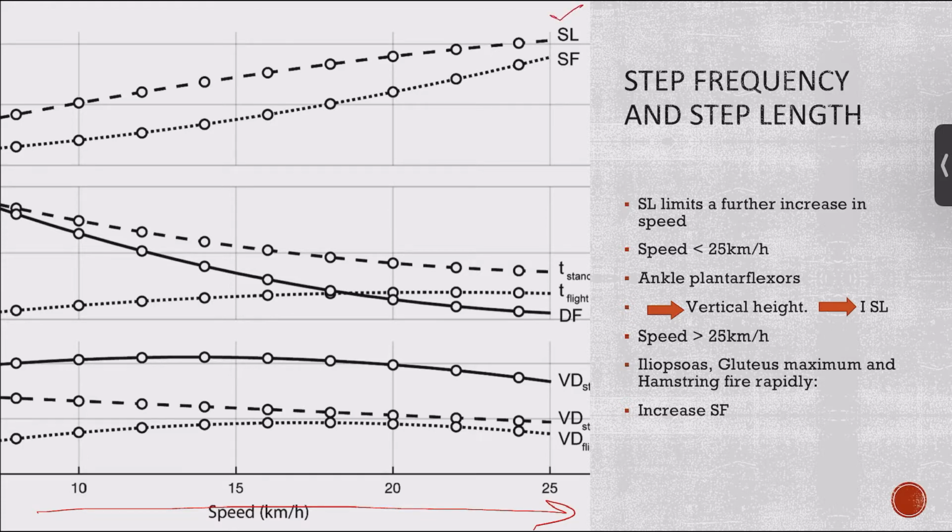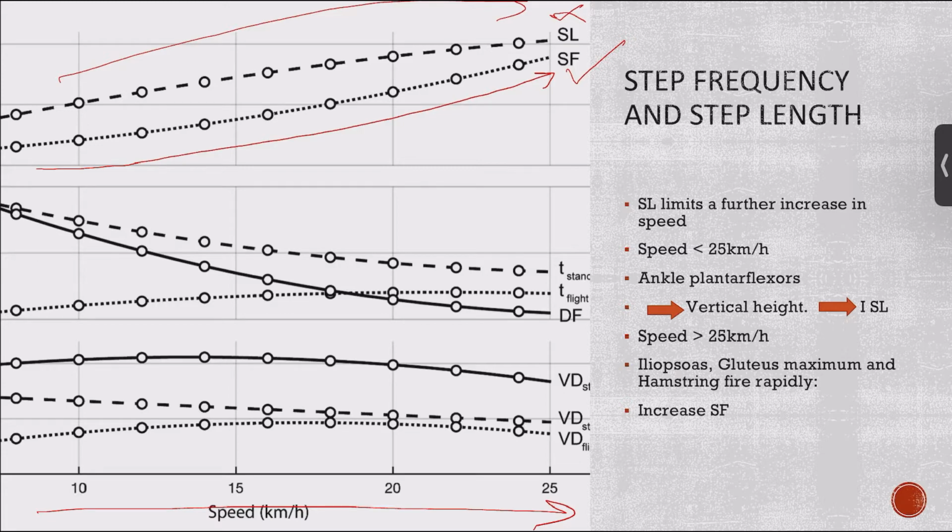Step length usually plateaus at higher running speed, like after 25, and the step frequency progressively keeps on increasing with the increasing speed. So it means that if you want to increase speed further, you can't increase it by increasing step length, you have to increase your step frequency.